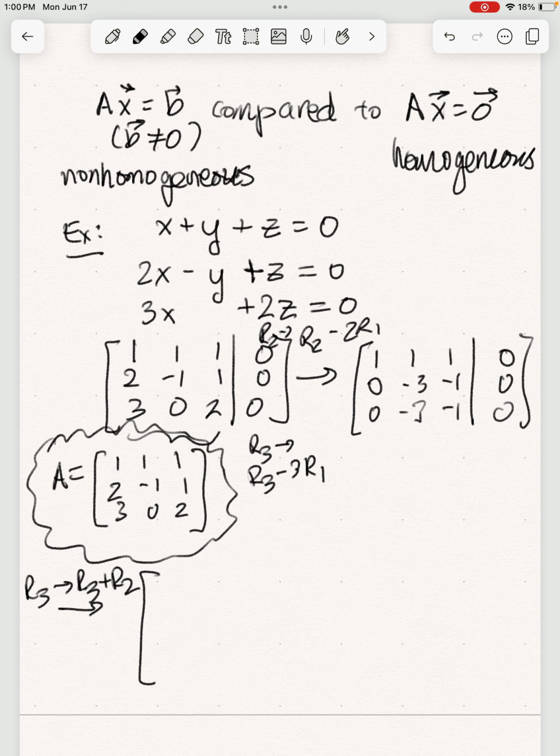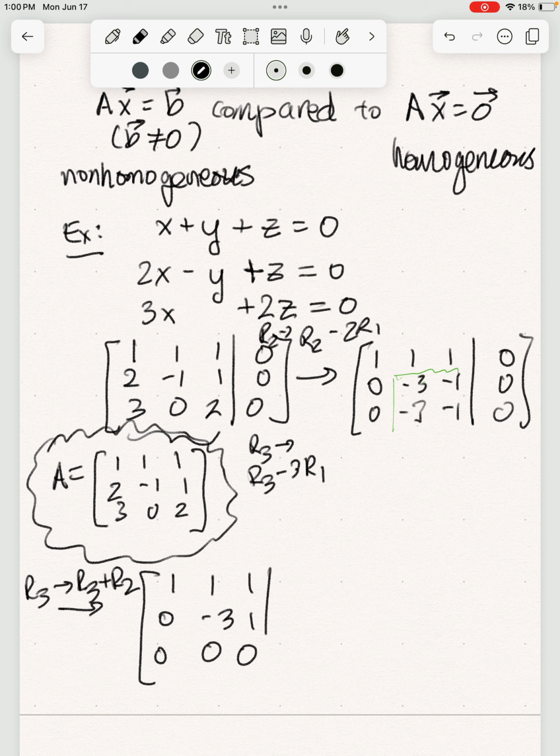The first column is done, it's perfect. And then when you look at the second column, just to review how it works, my second pivot is going to be a -3, and I want the number below it to be 0. So I'm going to get 1, 1, 1, 0, -3, 1, 0, 0, 0.